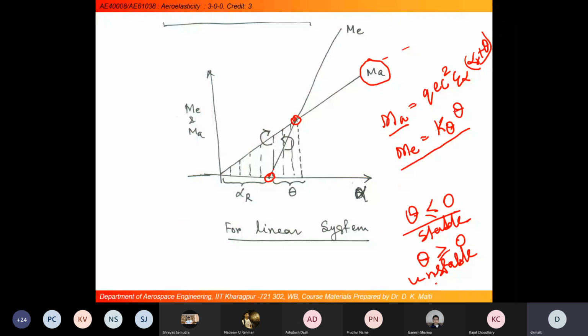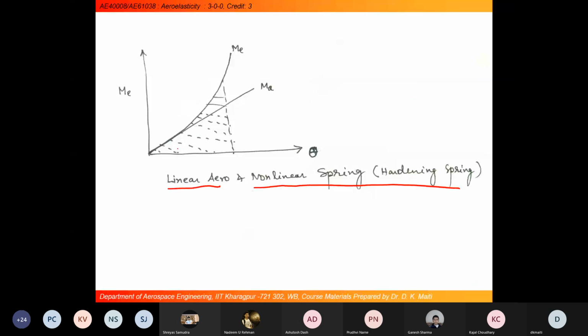Alpha r is something like this. So we may have a cubic nonlinearity or quadratic nonlinearity, we may have an instability or critical point above the linear system, whatever we have seen here. And depending on the nature of this nonlinear spring model, we can get the system like this.